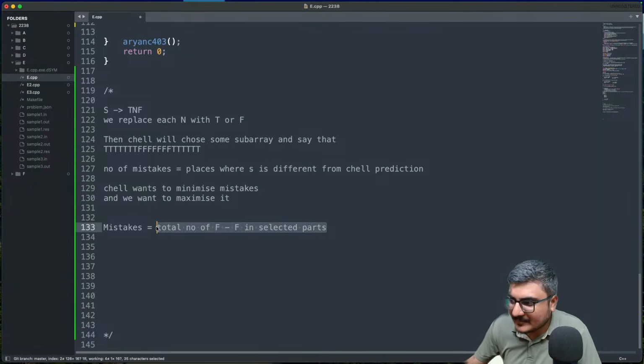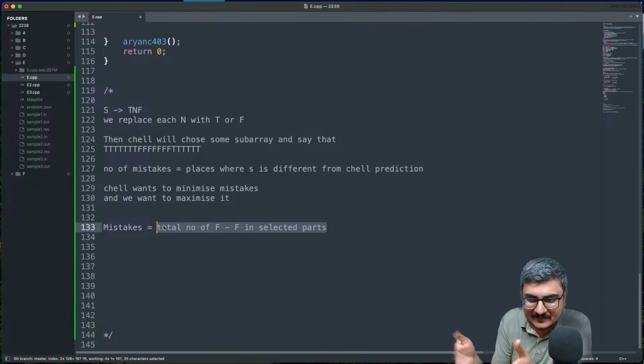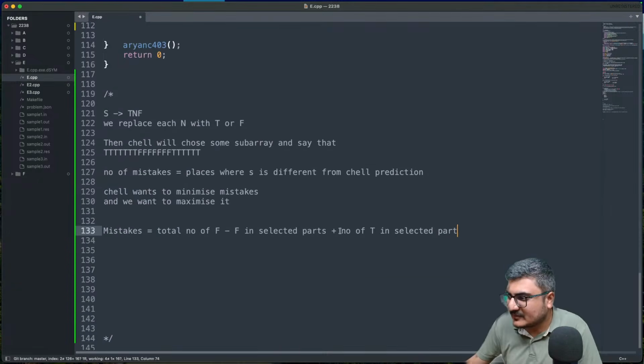This would be the total number of F that you could not predict. Like total number of F in the original array minus the number of F in the subarray we have selected. Those would be the number of fake cakes outside our selected range that we could not predict, plus number of T in selected part. Like these are the cakes that were real, but because we chose a subarray, we ended up choosing values incorrectly.